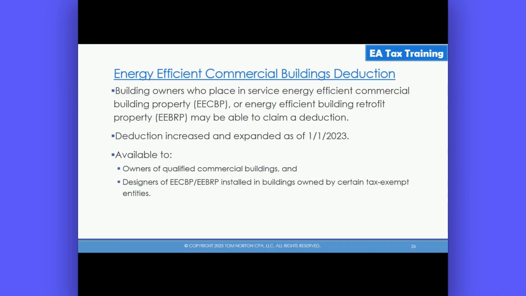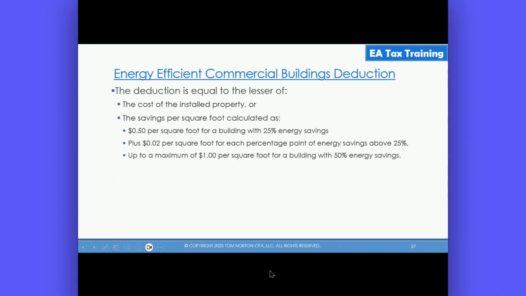And then we will also talk here briefly about computing it. The deduction is equal to the lesser of the cost of the property. So that's the first thing. So it's either the cost of the property or the savings per square foot from installing the property. So it's the lesser of those two things. I wouldn't worry too much about this calculation. Just read it through.